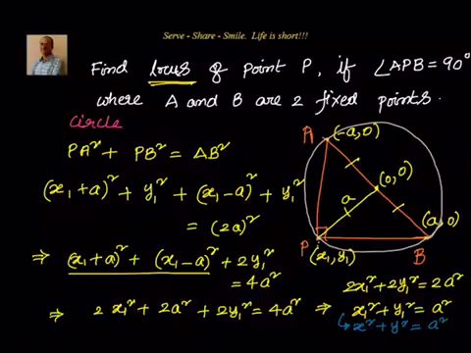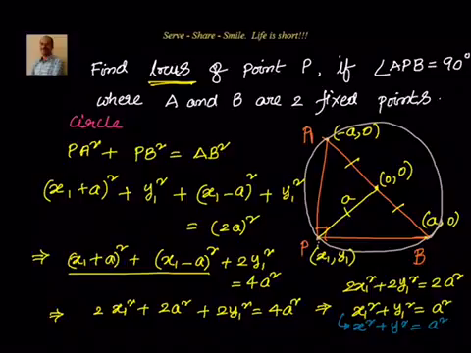We know that it's a circle because x square plus y square equal to a square is of the form (x minus h) whole square plus (y minus k) whole square equal to r square, where h comma k is the center and r is the radius. Circle with AB as diameter. Why is AB the diameter? Because we know that the center 0, 0 lies on AB.